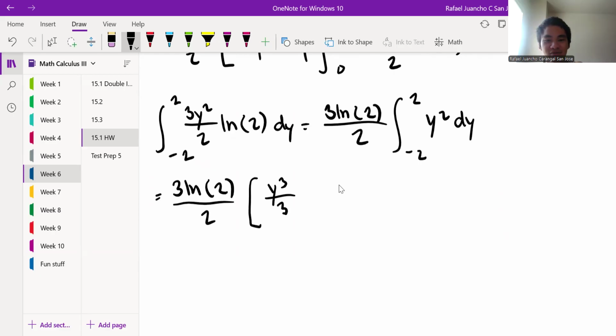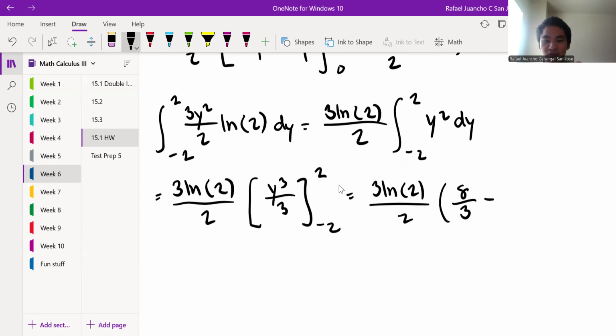Y cube over 3. And we should get, this is 2 cubed, that's 8 over 3, minus negative 8 over 3. So that's 16 over 3.